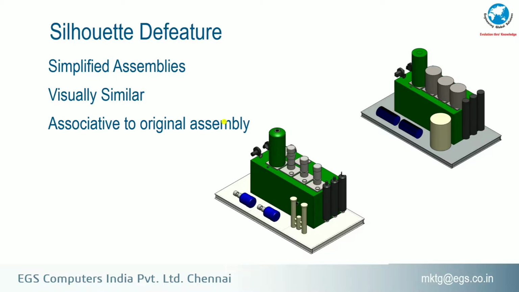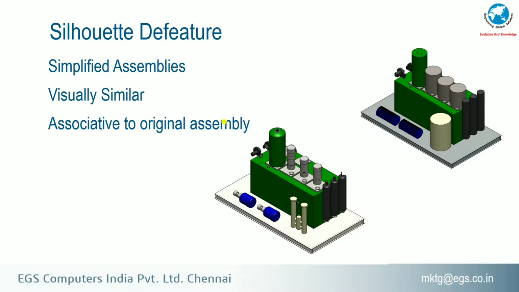Defeature is already a known tool to all of you, which is helpful to remove the features of your model to make the assembly dumb to share with any third party. This is most probably useful to secure and save our intellectual property.